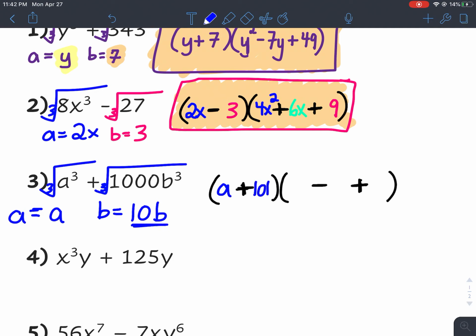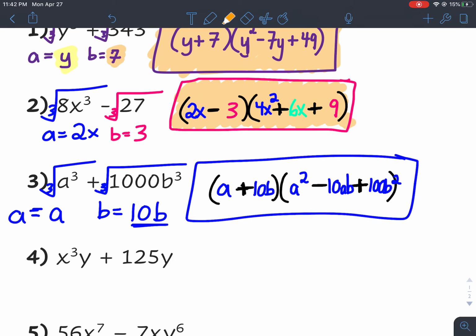Our second one is always whatever B is, which is 10b in this case. Then we have A squared, since A is actually a in this problem, it's a squared. Then we have A times B, so a times 10b would be 10ab. And then we have 10b squared, which would be 100b squared.